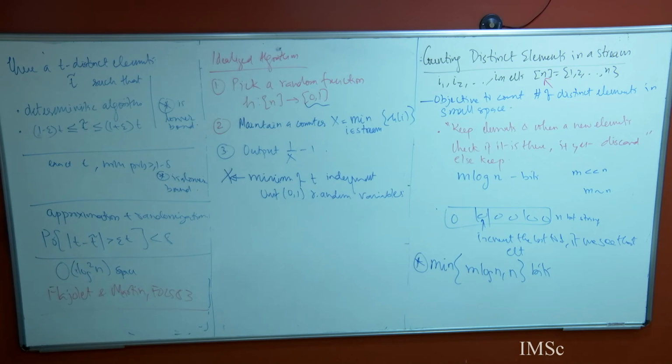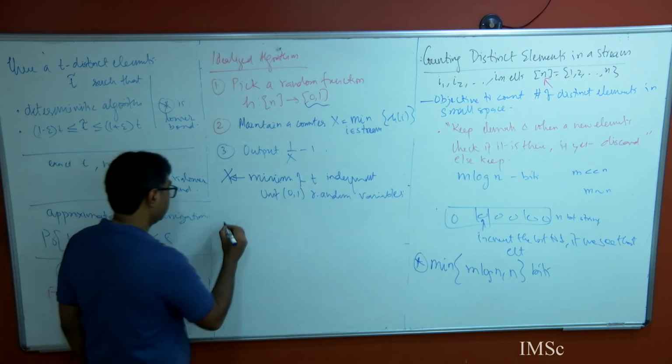And this is a continuous random variable. So what is an expectation? Integral from 0 to infinity of the probability that x is greater than lambda, d lambda, right? So let's just do that.